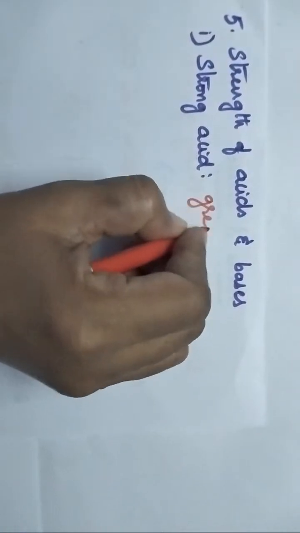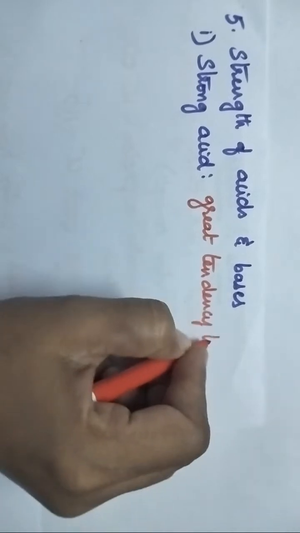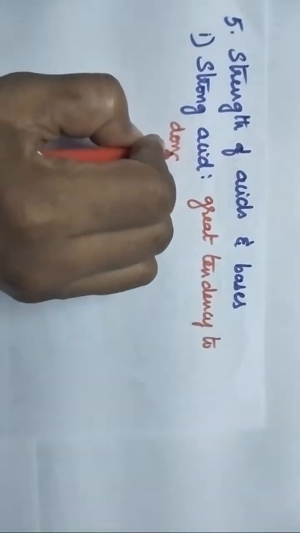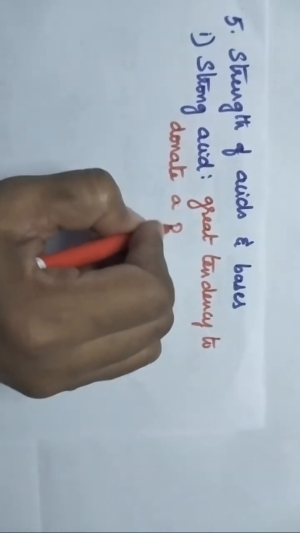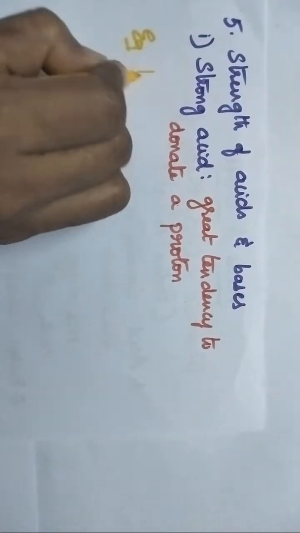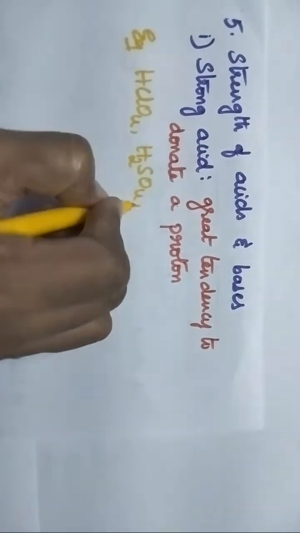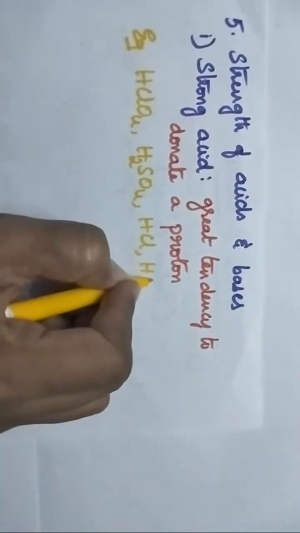Strong acid means an acid which has great tendency to donate a proton. What are the good examples of strong acids? It generally includes perchloric acid, sulfuric acid, HCl, HNO3, etc.